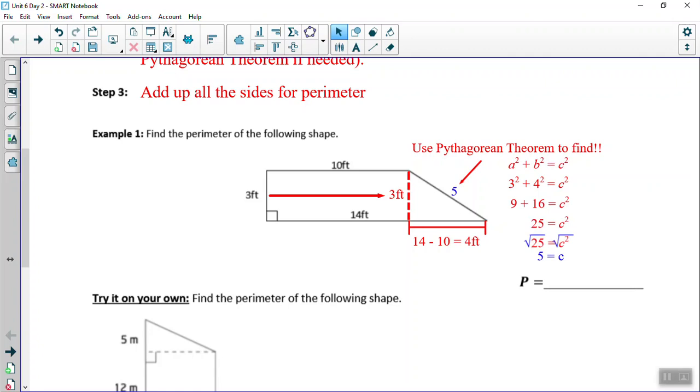Remember, the 4 is just this one little section, but 14 is the whole length. So I take all of my outsides, again the 3, the 10, the 5, and the 14, add them all together, and we get 32 feet. Make sure that if these values are labeled with a unit of measure, then your answer also needs to be labeled with a unit of measure.